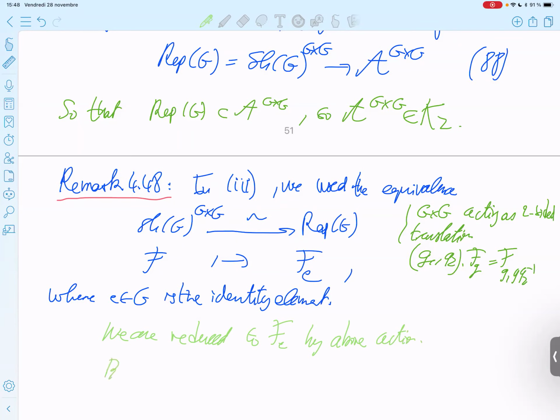But the equivariant structure is given by the family. So this is the same story we explained earlier, I guess one month ago, I forgot.